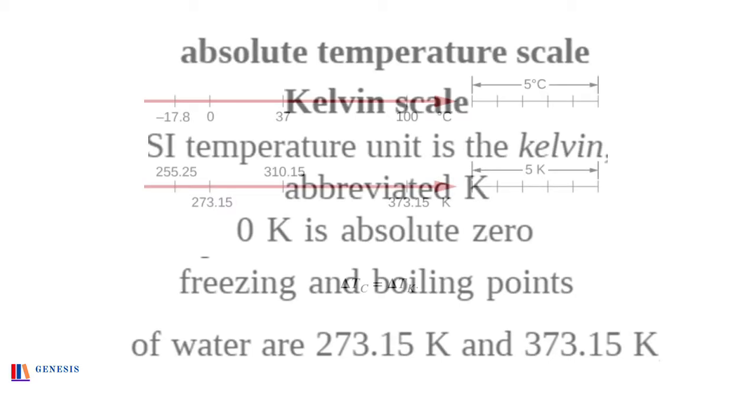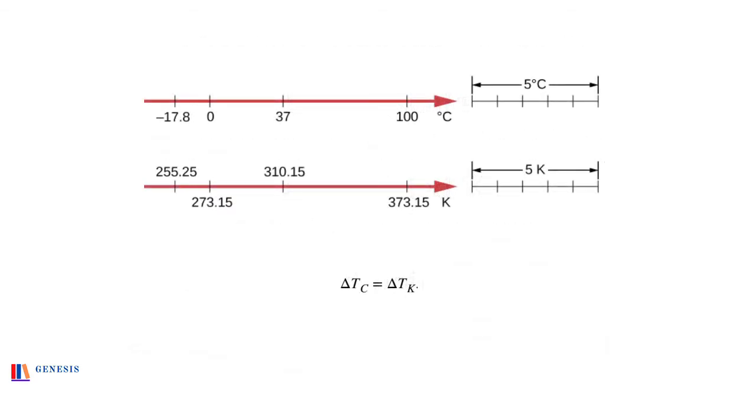Notice that in the Kelvin scale, the difference in the freezing and boiling points of water is 100 units, and this is exactly the same as in the Celsius scale. Therefore, temperature differences are the same in units of kelvins and degrees Celsius, or delta TC equals delta TK.